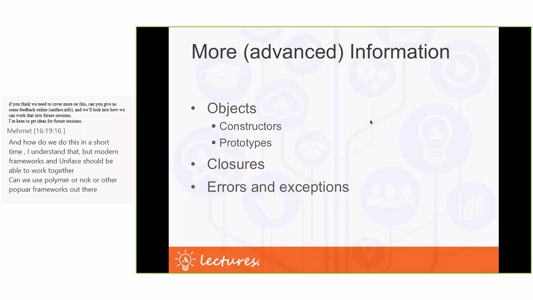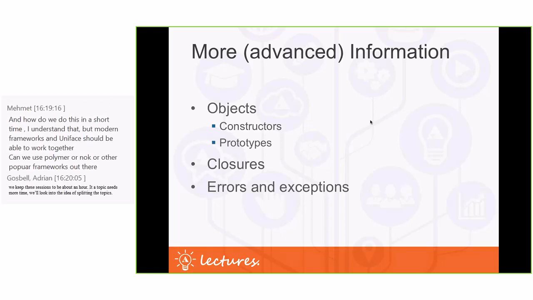Closures are a way of being able to encapsulate functionality so that, when you're loading your JavaScript, you can encapsulate some things. Variables are all completely contained within it. It's quite a complex subject, and also extremely difficult to explain.